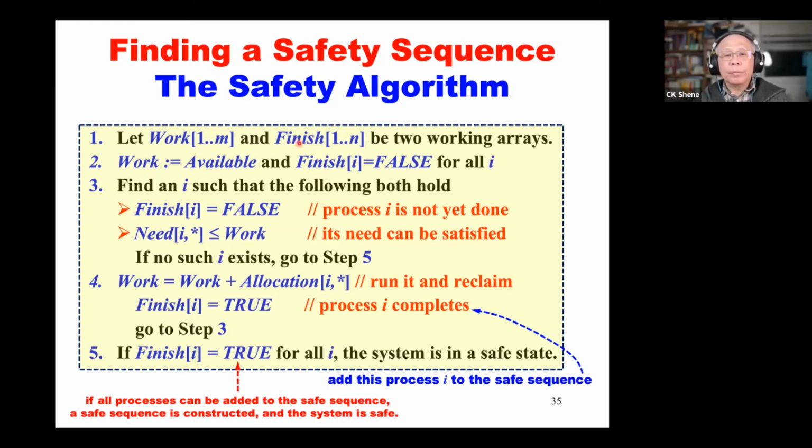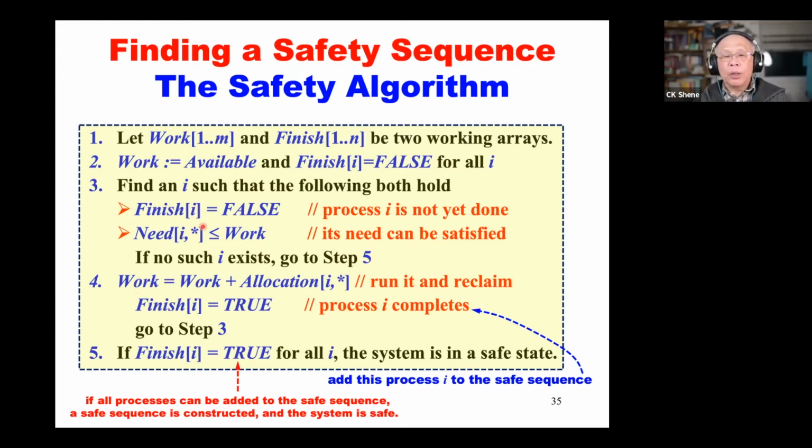Now, step 3: you find a process i such that its finish[i] is false, meaning it's not yet done, and its need is less than or equal to work. That is, whatever process i would need in the future is less than or equal to the current available resources. If you can find such an i, we go to step 4.